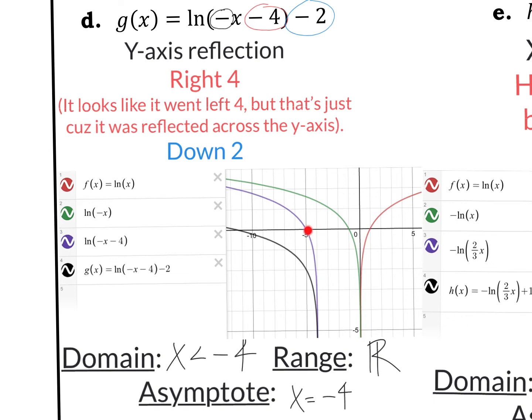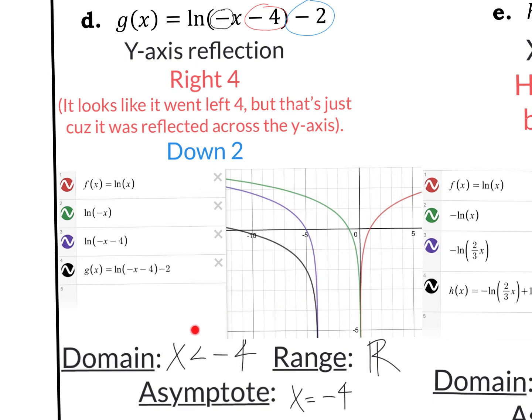Sometimes you can tell these pretty easily by looking at where the curve is passing through -5 here, and then it goes down 2 units, and it's passing through right there, and the black final graph right there. So my asymptote is at x equals -4, and basically the graph cannot go to the right of -4, but it can go to the left of -4.